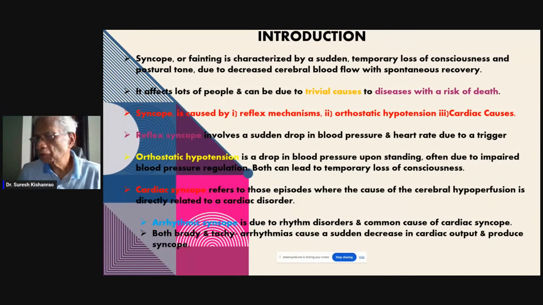It could be for some trivial causes or could be diseases of risk to death. In the larger context, we classify syncopes into three causes: neuronal or reflex mechanisms, second is orthostatic hypotension, and third is cardiac causes.